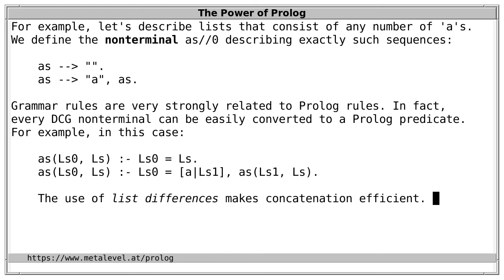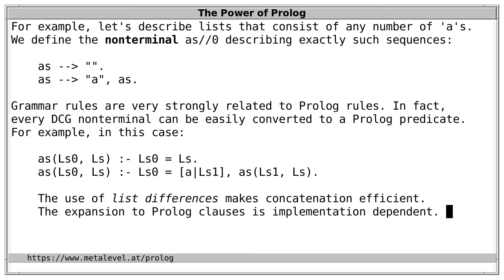So we see that we can mechanically translate a grammar rule to a Prolog predicate using list differences to make concatenation efficient. And this is in fact how most, if not all, Prolog implementations provide DCGs, by a straightforward term expansion that translates grammar rules to normal predicates. However, this expansion is implementation dependent and may also change depending, for example, on the phase of the moon or on other factors.